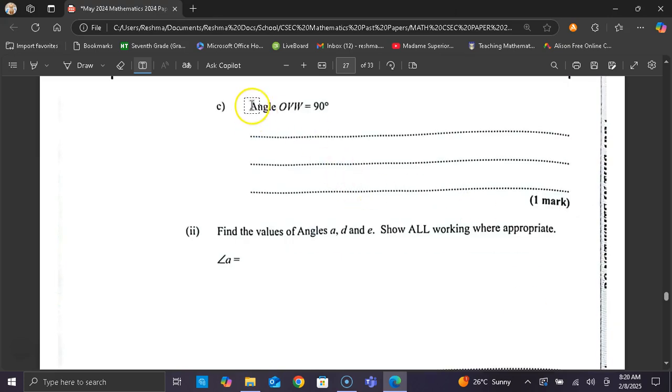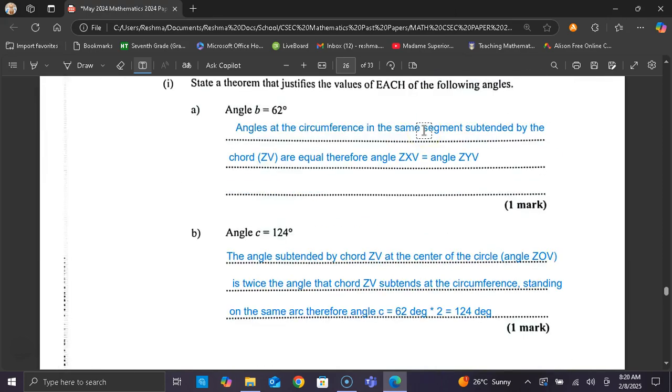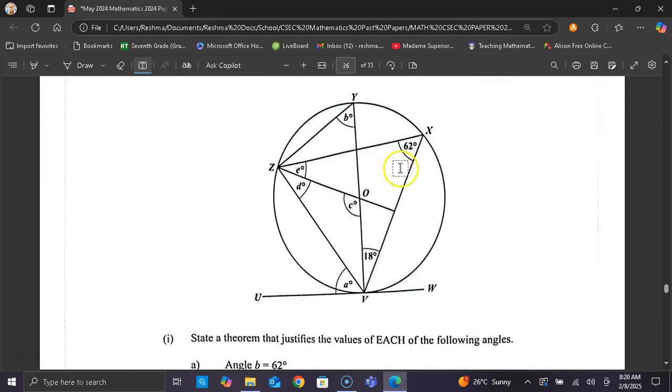So our last theorem, angle OVW is equal to 90 degrees. OVW, that is this angle here. We know this is 90 degrees because the angle between the radius and the tangent is always 90 degrees.